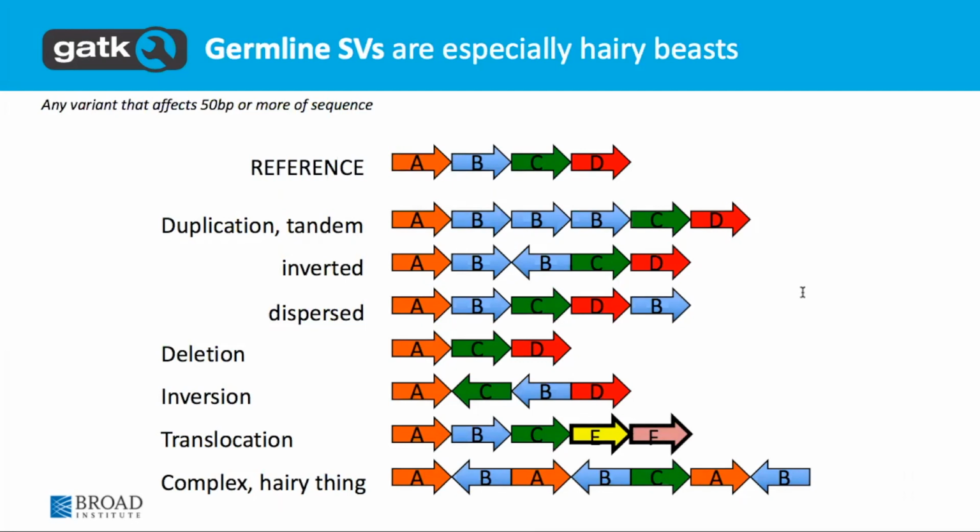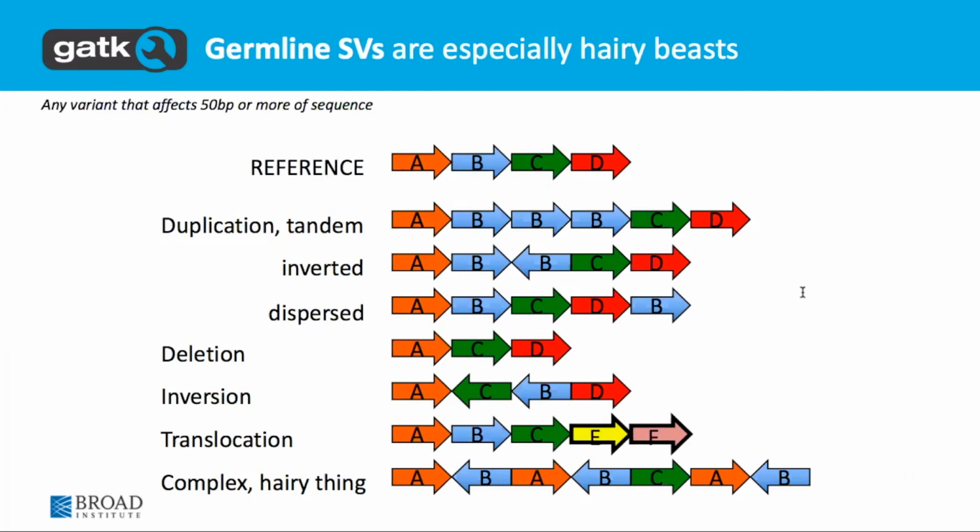The copy number variant calling will give you information about whether this event occurred, but not necessarily where it occurred. You can get more details using breakpoint tools, and you can actually say at which positions those events occurred. Then you have inversions, where part of your genome got flipped.